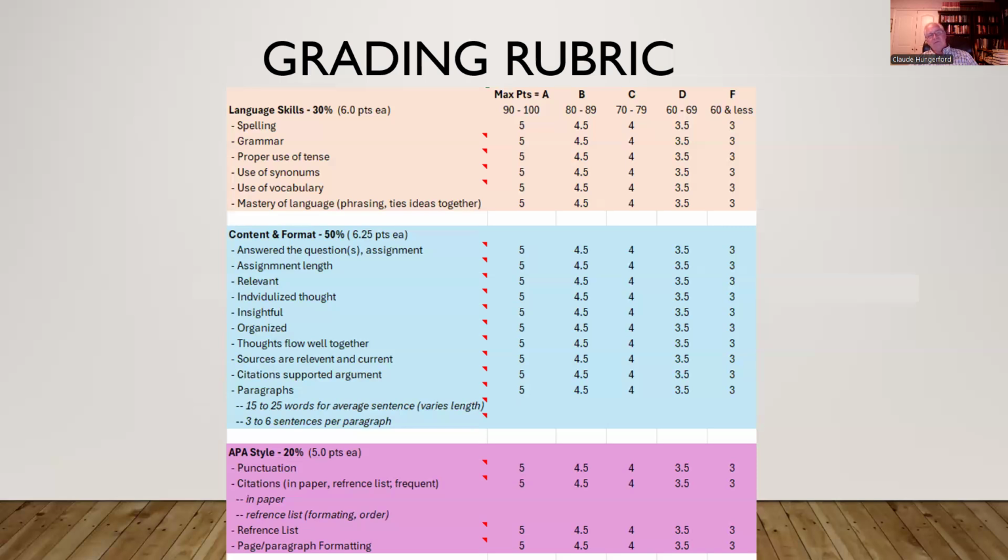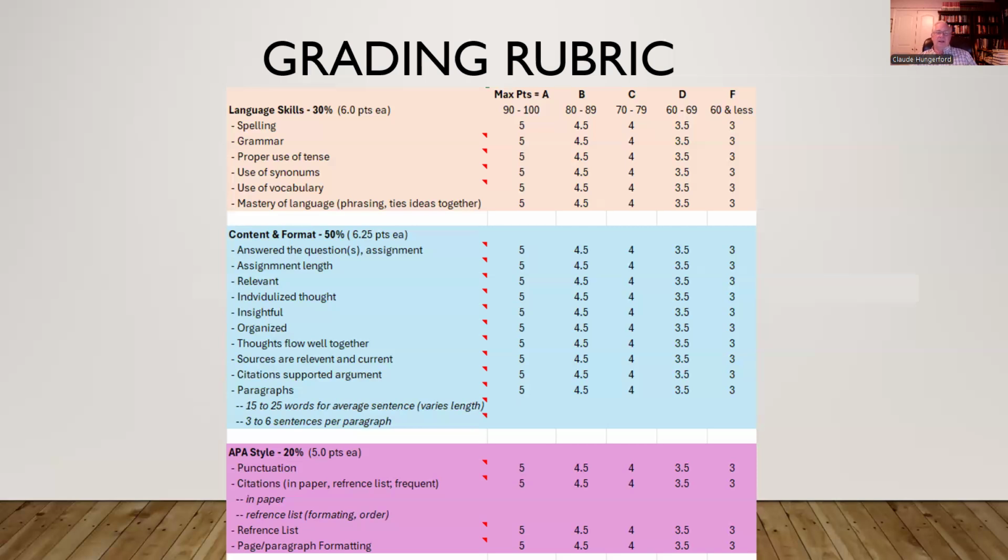And then, even though paragraph structure is something that APA doesn't really go into as far as the rules, there are some general rules that do lend themselves to strong papers.